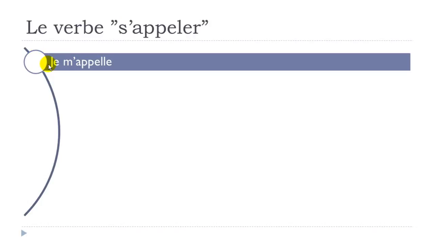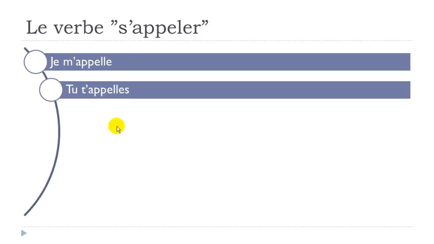Okay, so it's je m'appelle. Okay, je m'appelle. Alright, second form, tu t'appelles. Okay, remember, final S not pronounced. Tu t'appelles.